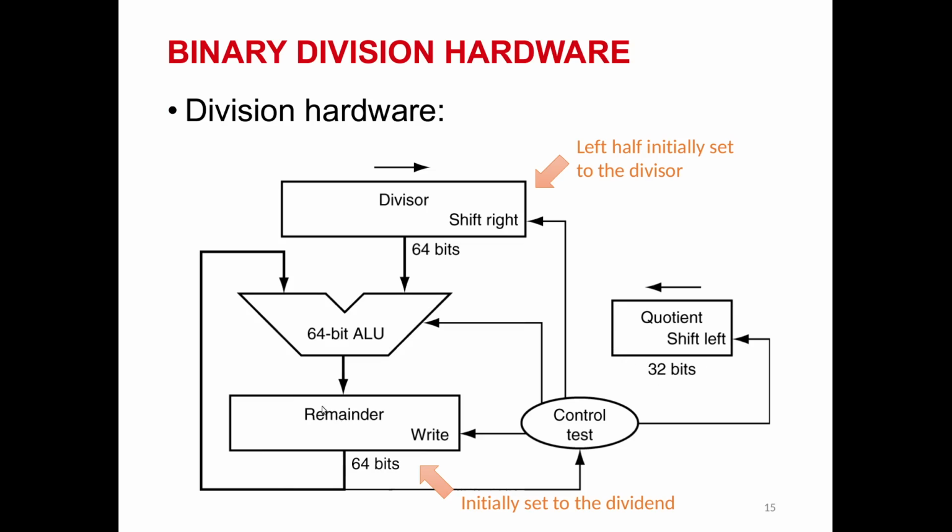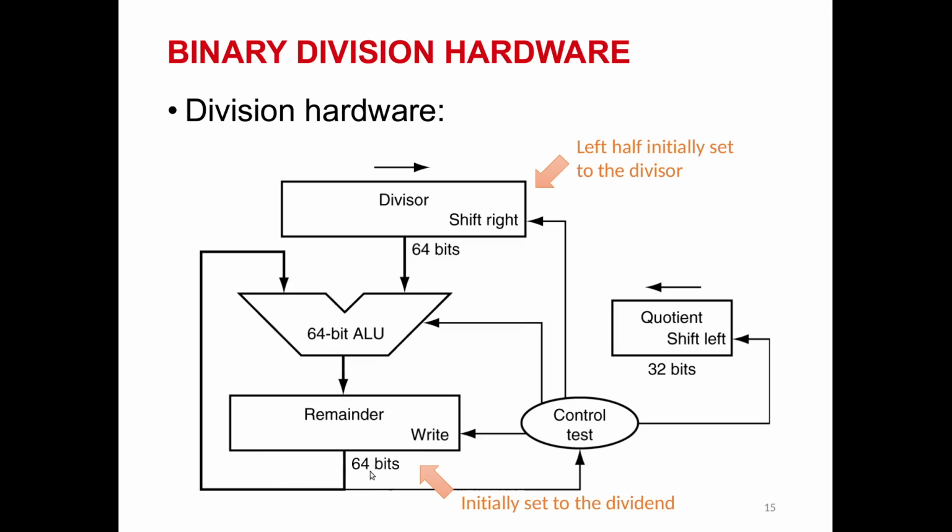And so the remainder here, you will initialize with the dividend, and here you can see that you take the remainder and you subtract the divisor each time, and the result will be written back into the remainder here.